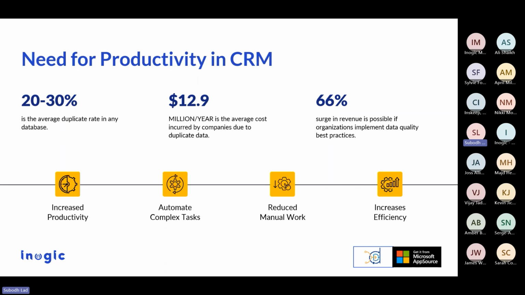On an average, around 13 million is the average cost incurred by companies due to duplicate data in the system. And what we have seen is that once this duplicate data is cleared up, there is a great surge in revenue, as the sales and marketing teams are able to better target their audience, better target their leads and opportunities, and close them instantly.